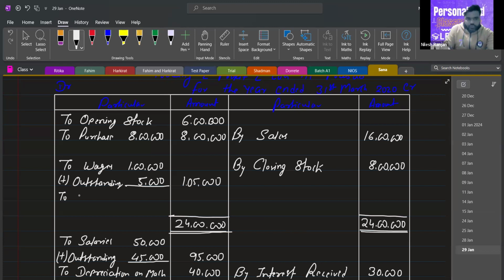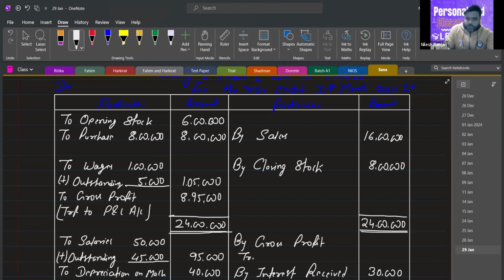And here it will be to gross profit, transferred to profit and loss. 8 lakh 95,000. By gross profit transferred from trading account, 8 lakh 95,000.